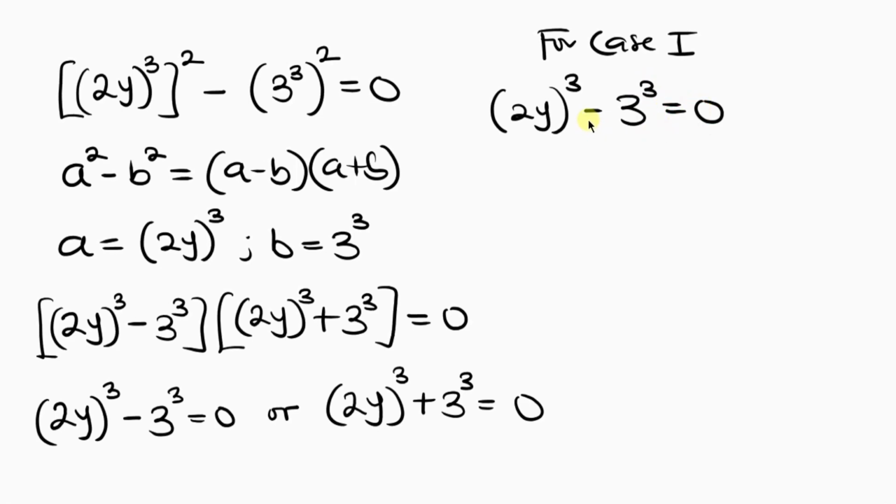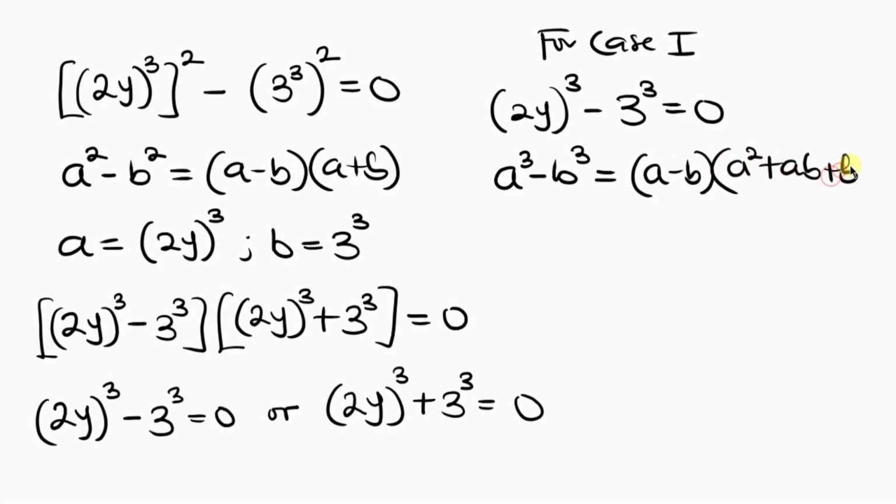Now, when looking at this expression, you see that we have an expression in difference of 2 cubes. An expression of difference of two cubes, for example, when we have a cube minus b cube, this has a property of a minus b times a squared plus ab plus b squared. So we're going to be writing this in this property. Good.